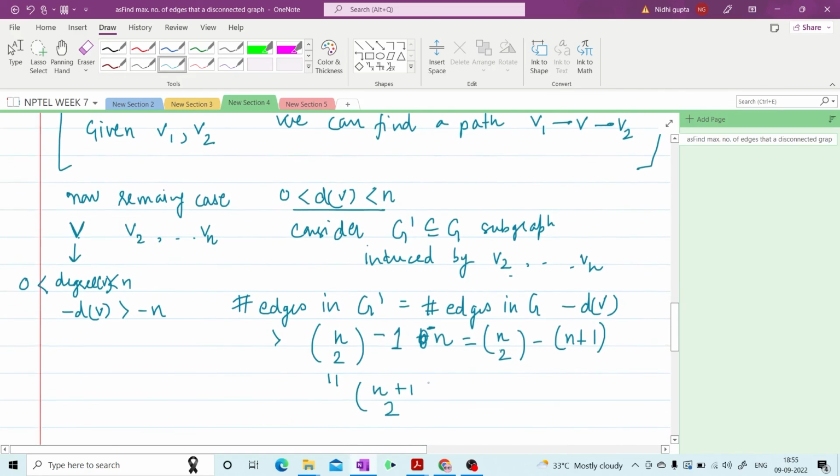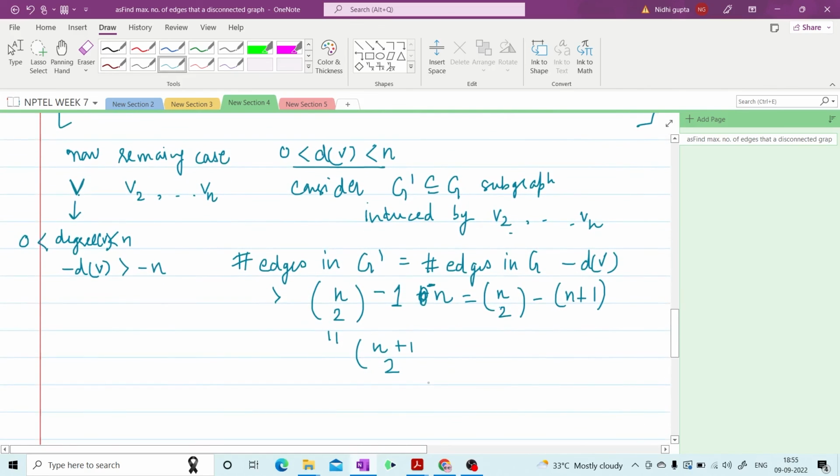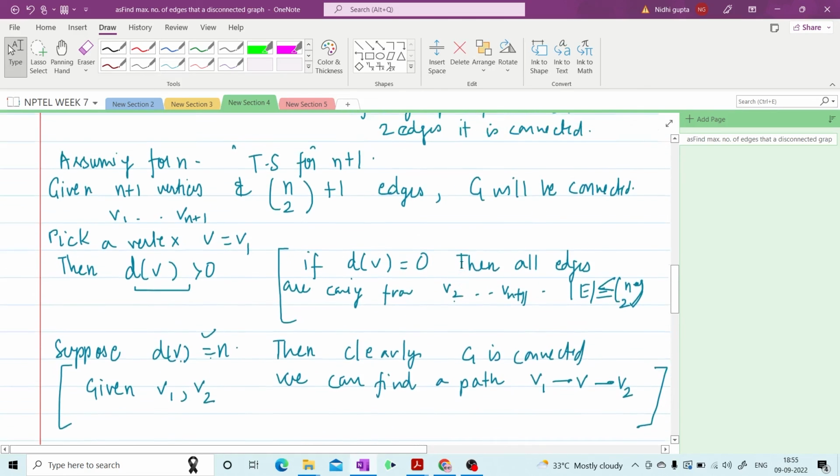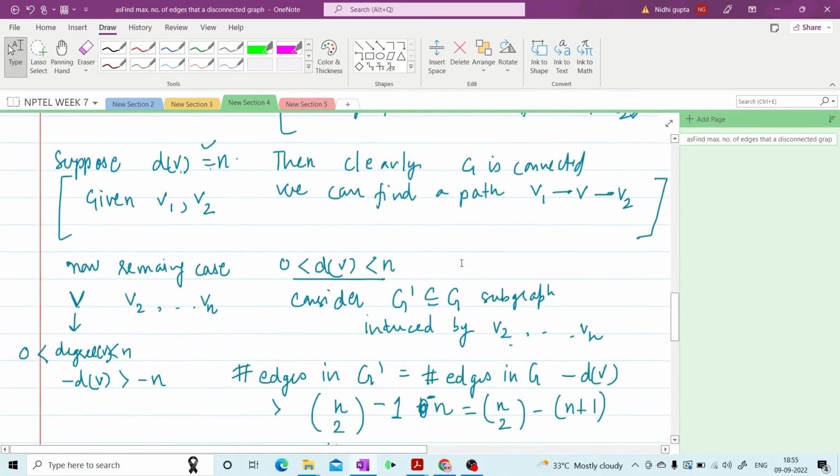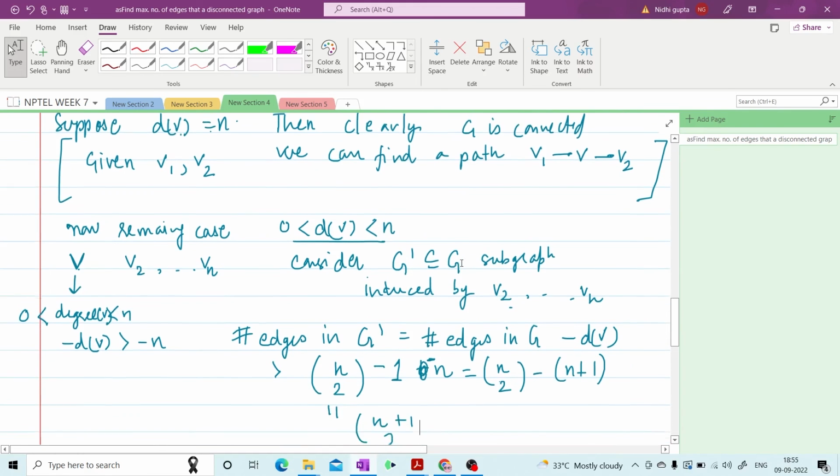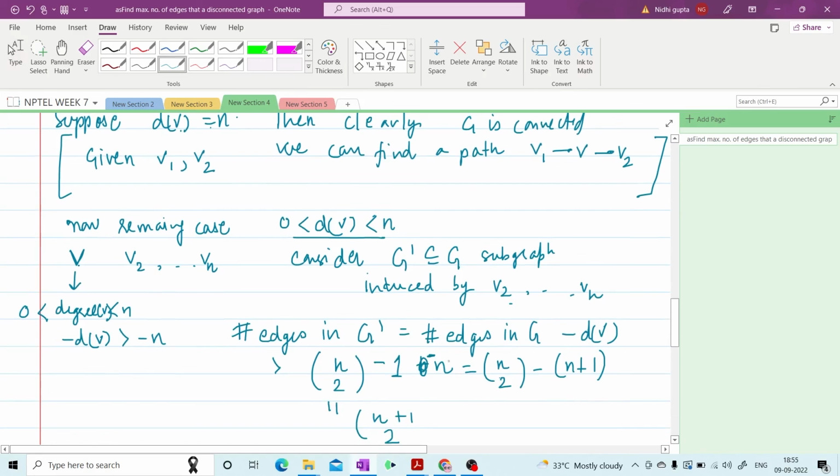So we have the degree of V is n, the number of edges in G were n choose 2 plus 1. Okay, yeah, now I get it.